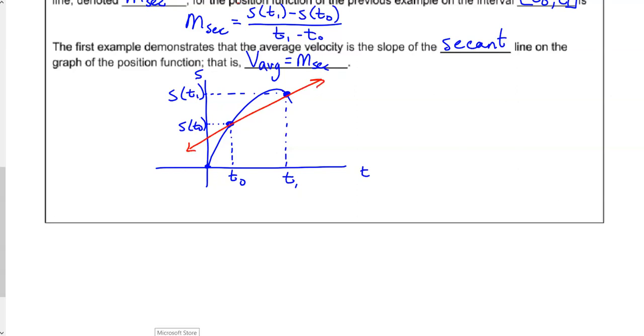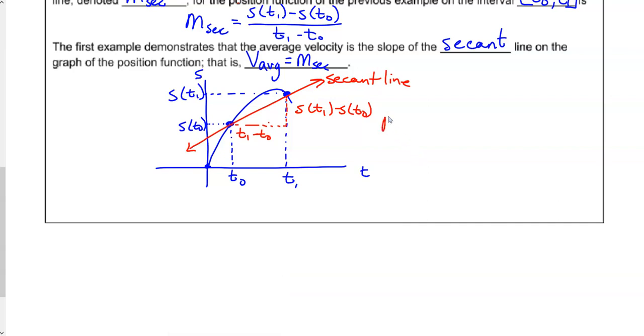And if I'm looking for the slope of that secant, that is the rise over the run. So here's my secant line. This distance has to be the difference in the y, so I need to take this one minus this one. So s of t1 minus s of t0 is this distance right here in the vertical sense. If I'm finding the slope, the rise over the run, I need to know what this distance is. Well, to find a distance, we're going to subtract t sub 1 minus t0.